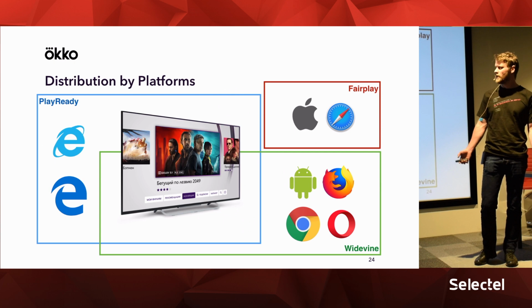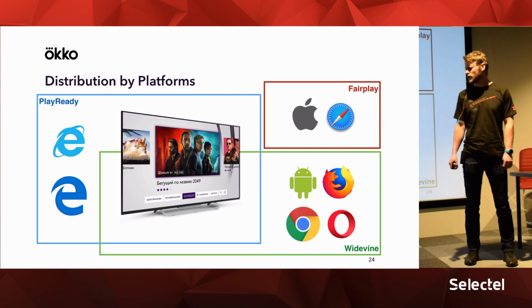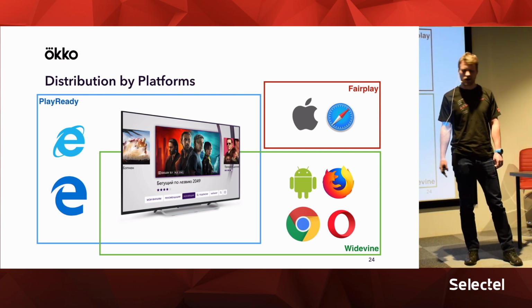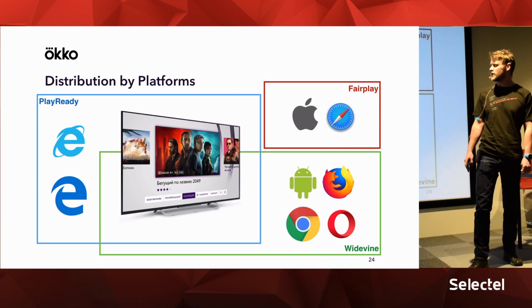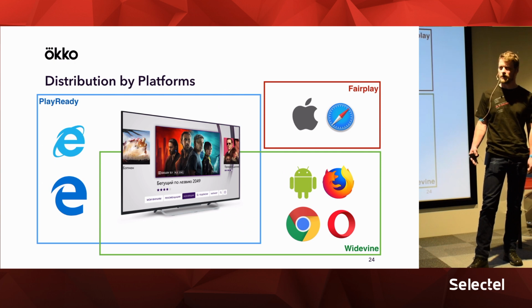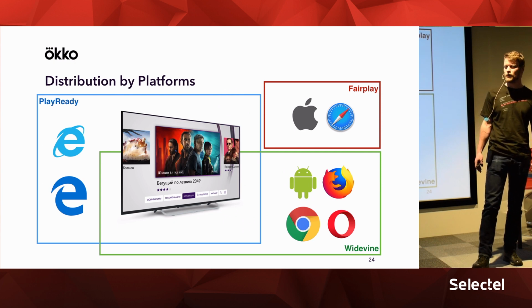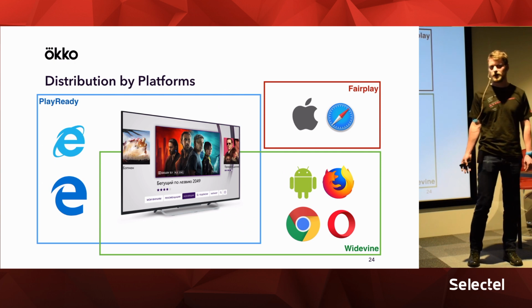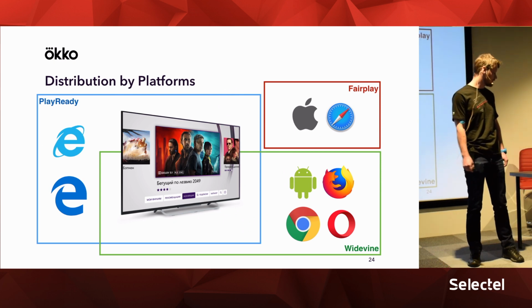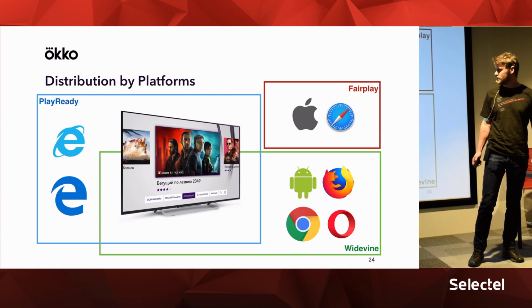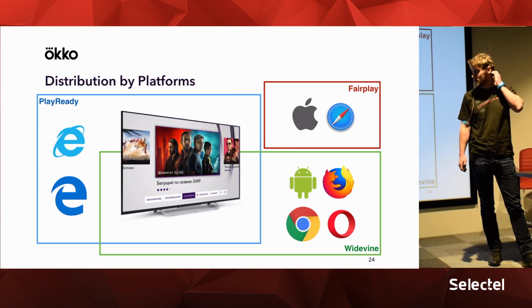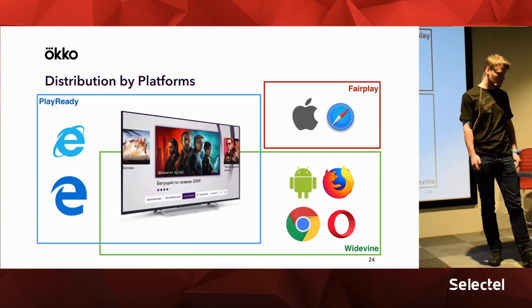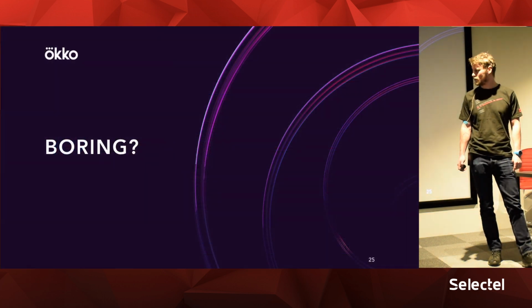So Microsoft Explorer 11 and Edge are using PlayReady, and Chrome, Firefox, Opera, and Android mobiles are using Widevine, that is part of Google, and Safari and iOS devices are using FairPlay. On smart TVs, fragmentation is much bigger, so some of them are using only one system, some are using different, or both.